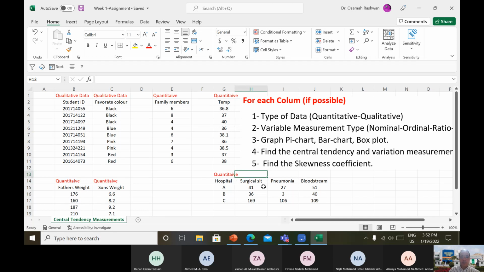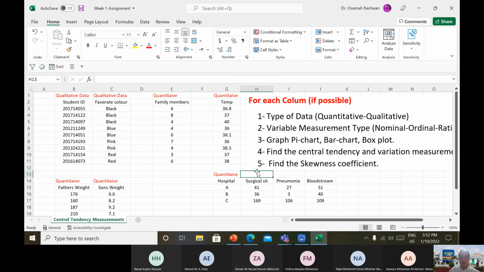And go for surgical sets. This is the number of surgical sets, 41, 36. So does this give you quantitative or qualitative? Say anything, it doesn't matter. If you make a mistake, it is normal because you are coming to learn. Quantitative.